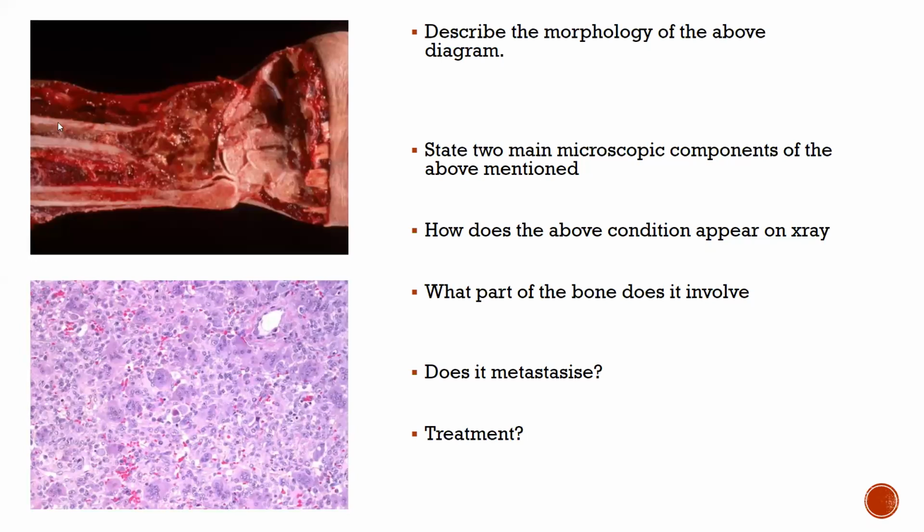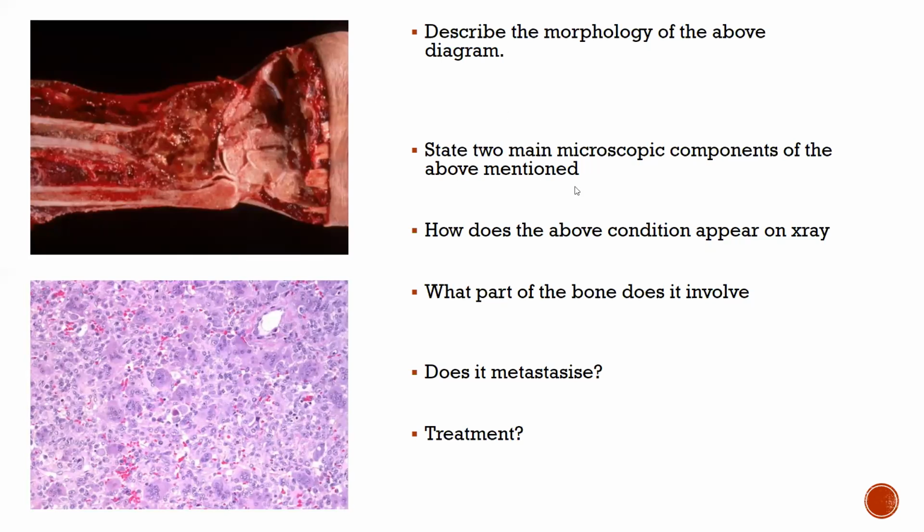Initially this was the cortical bone, and then this is the marrow. And then when you come here, it just disappears out of nowhere. This tumor tends to extend into the soft tissues, which are the muscles here and the skin. I think that's how you describe the morphology of this.